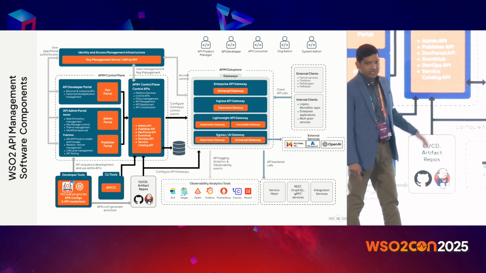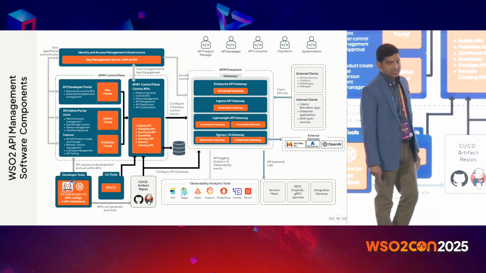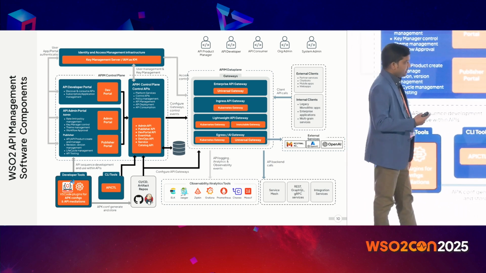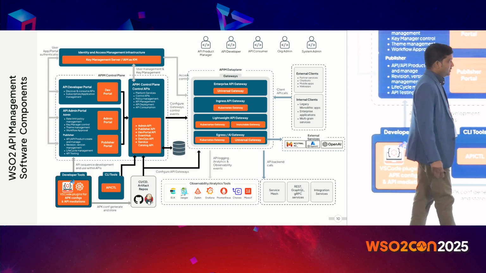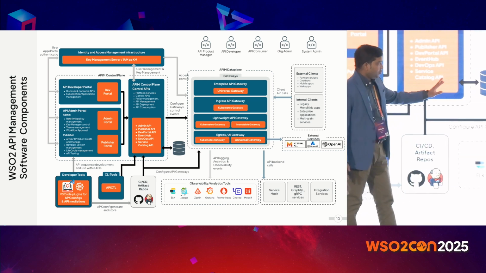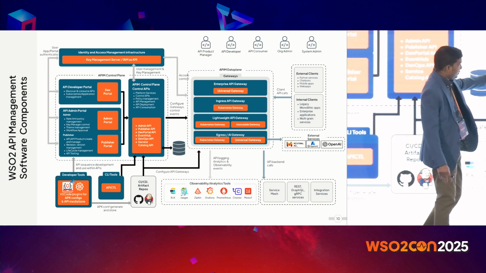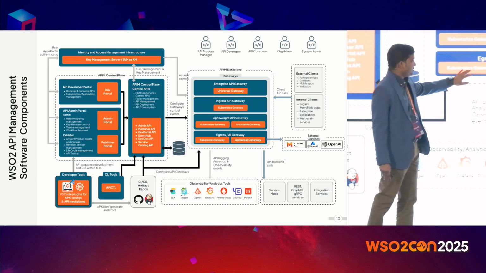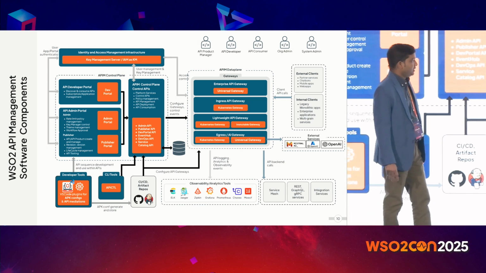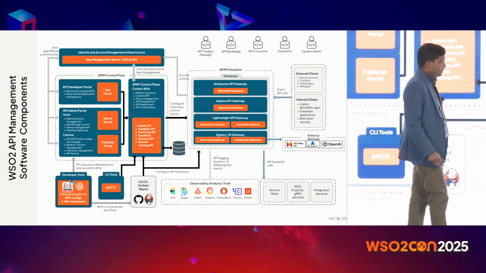As lightweight gateways, we have the Kubernetes gateway and the immutable gateway. As egress and AI gateway, we have the Kubernetes gateway and the universal gateway. This part will be covered in the next session, where I will talk more about the egress and AI gateway.